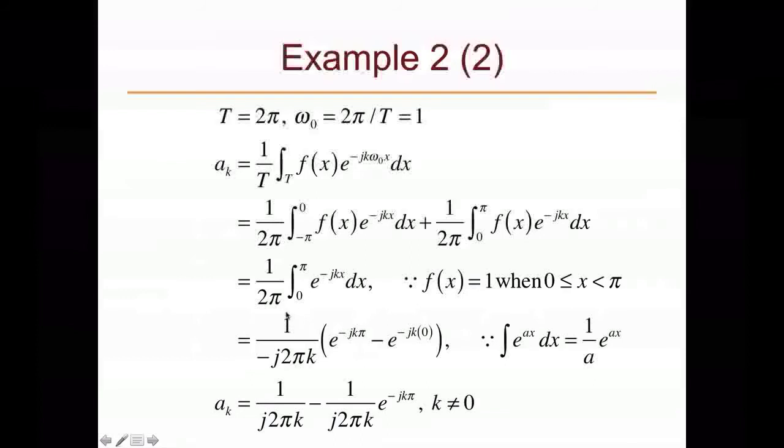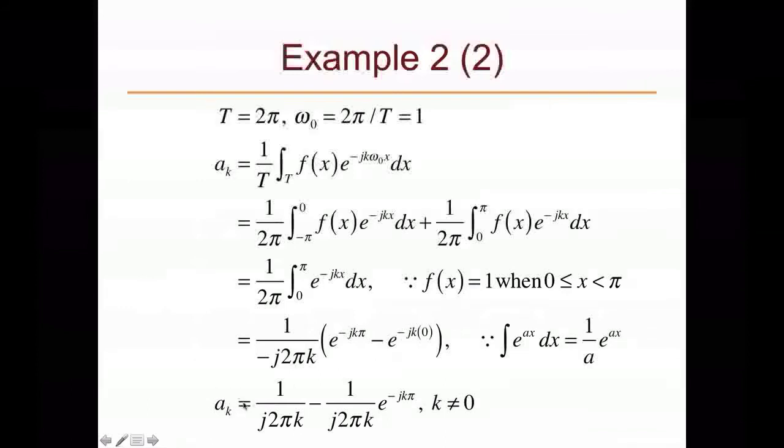So we have here 1 over 2 pi times minus jk, and e^(minus jk pi), substituting the upper limit, minus e^(minus jk 0). e^0 equals 1 here.